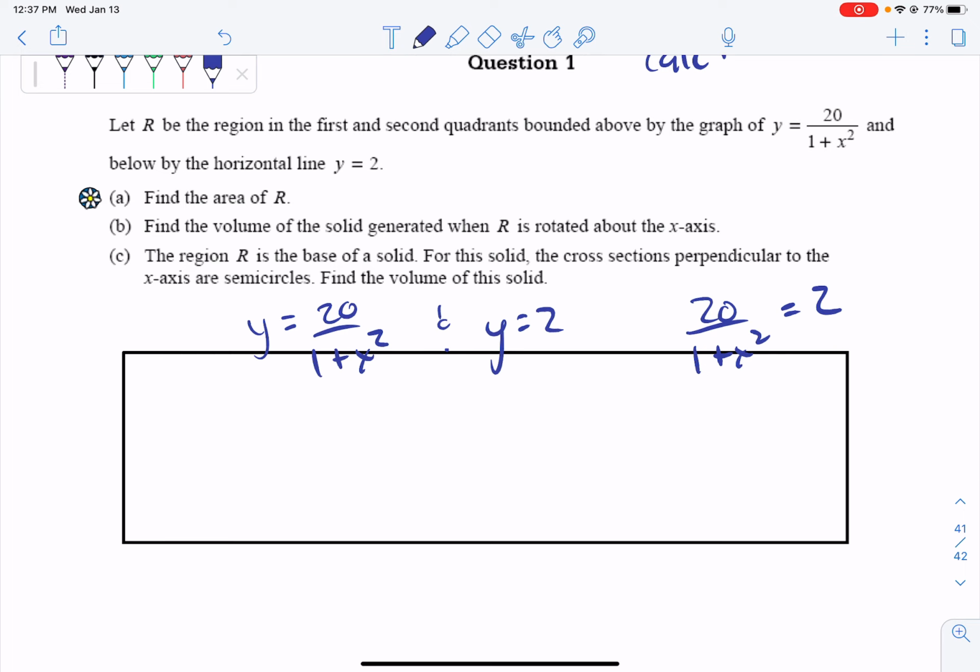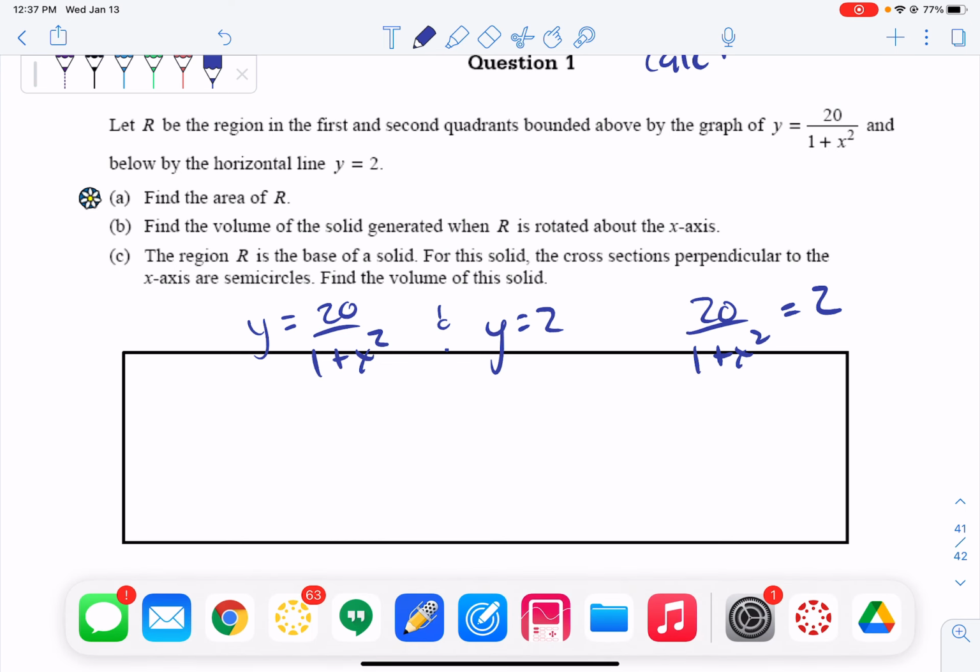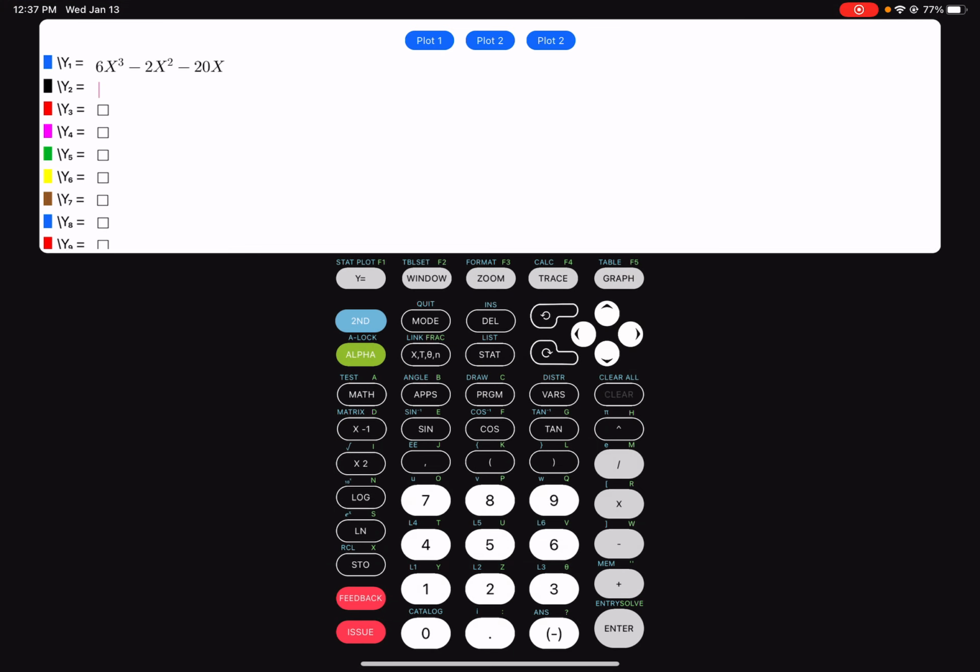Either way, you graph them, you find that, well, maybe we should actually do it. I know it's a long video already, but let's do this right. So I'm going to put in a fraction, 20 over 1 plus x squared, and then minus 2. And then I have y equals 2.